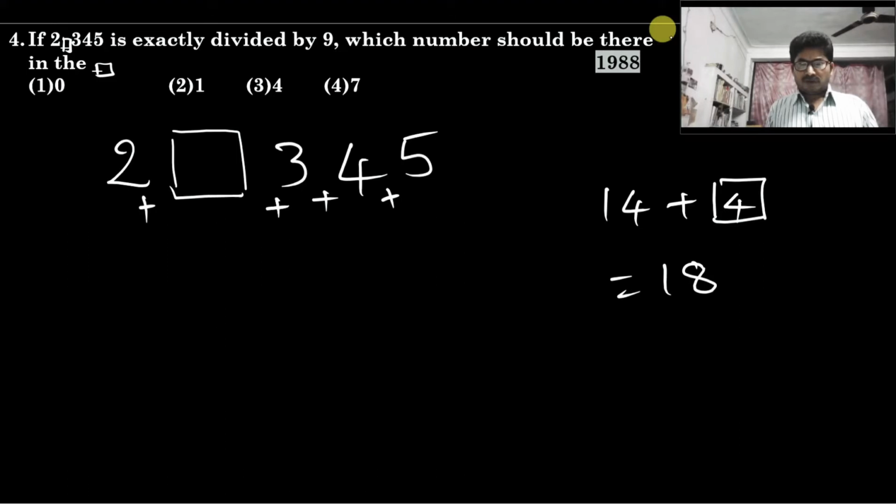Or we can take it like this also: 1 plus 4 is 5, 5 plus the box. To get digital root 9, we keep 4 here. That is also correct, this is also correct. So here we have to put 4. So option 3.